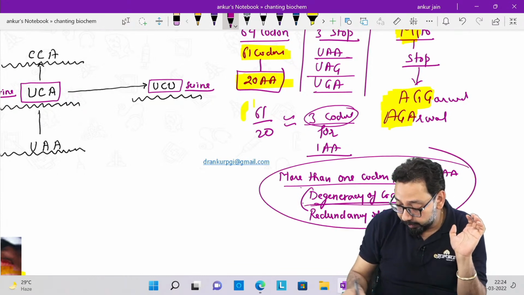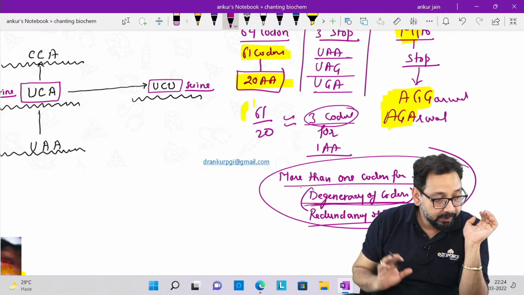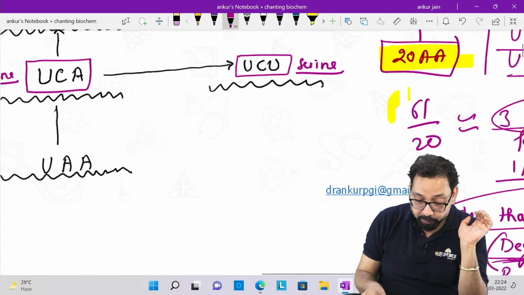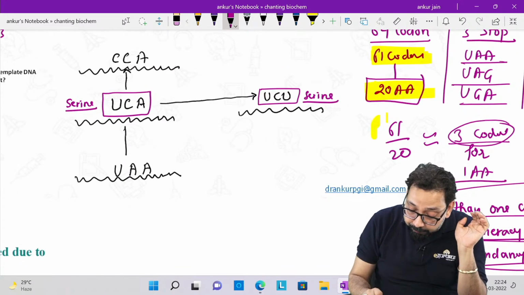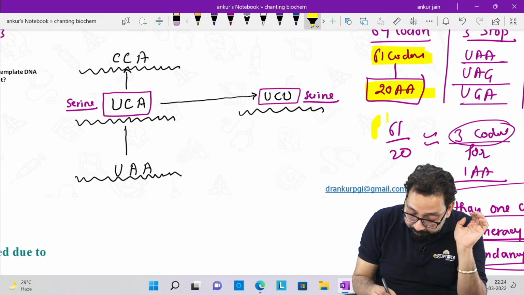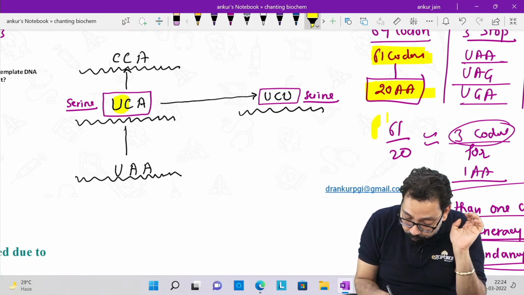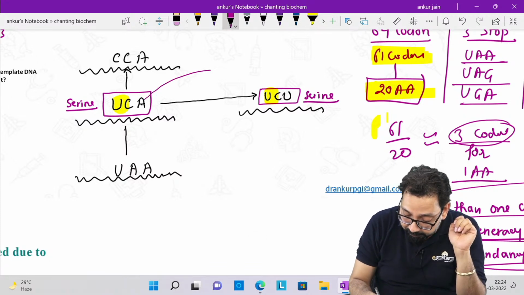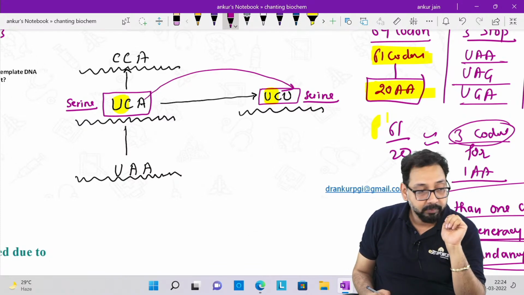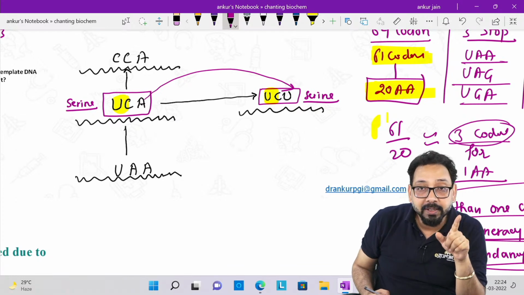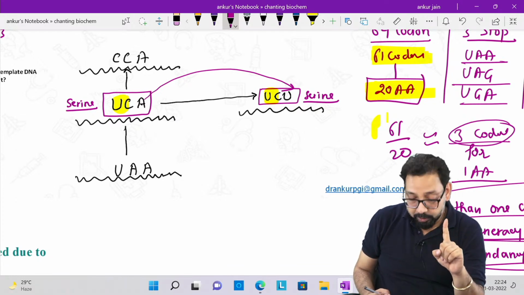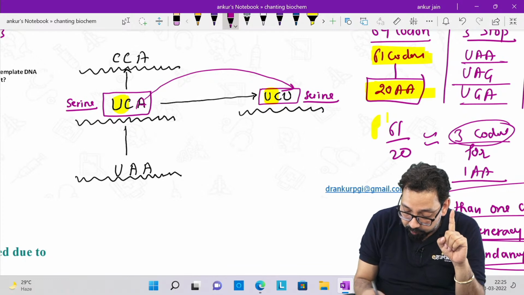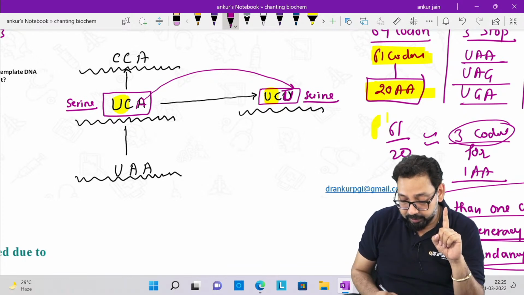This is called redundancy of codon or degeneracy of codon. Yes, it is possible. So we found that in this UC are same, A is replaced by U. Means the third nucleotide is changed.